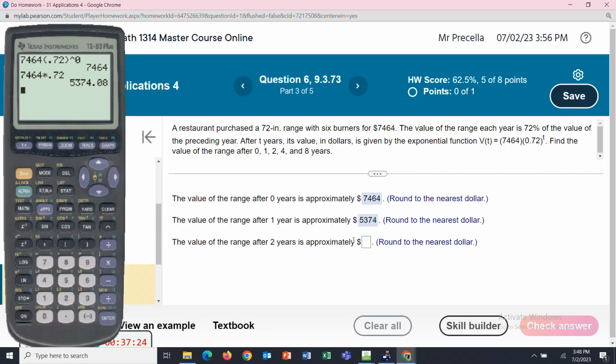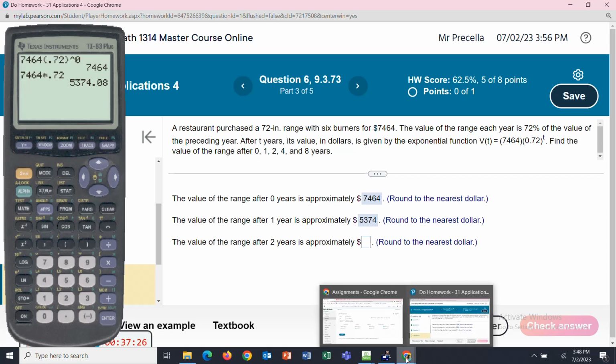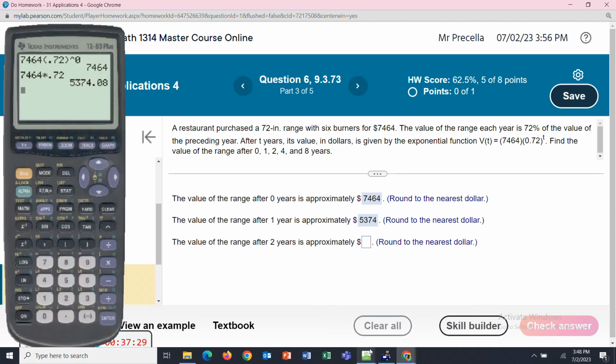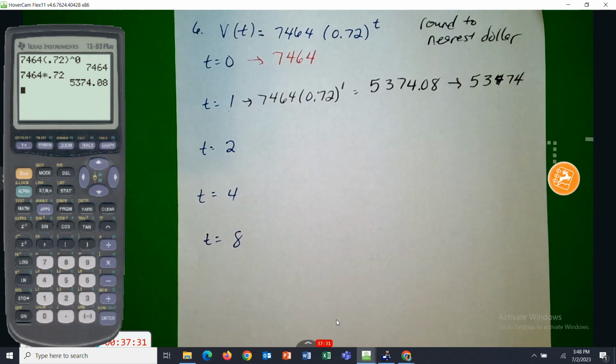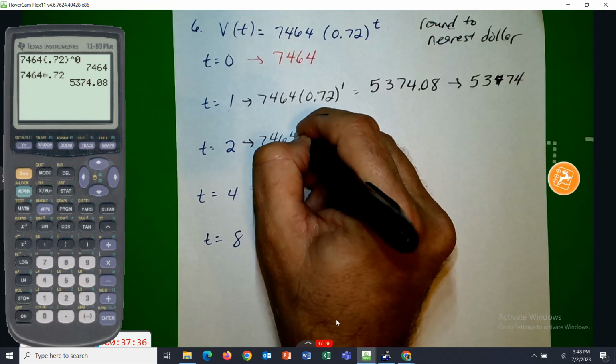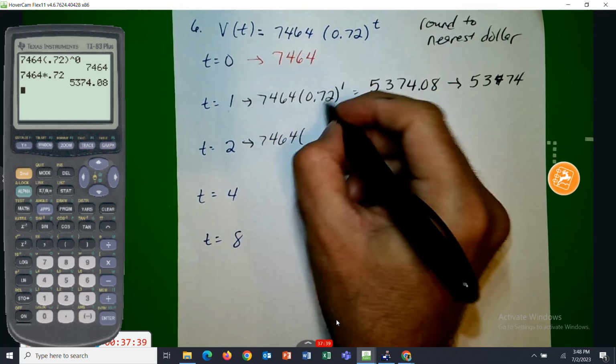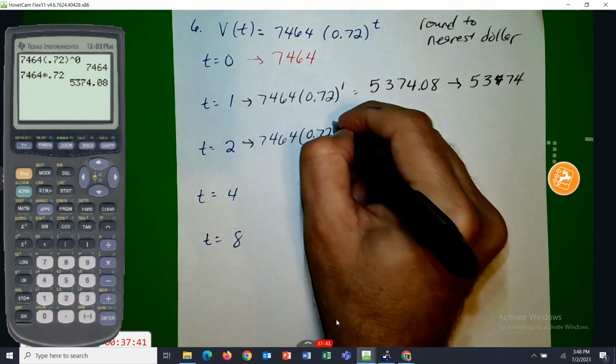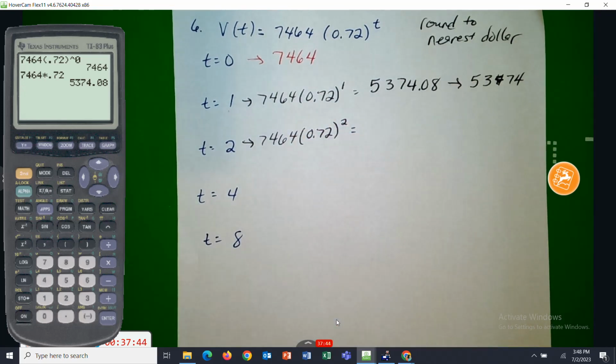Now after 2 years, 7464 times, replace the t with a 2. So punch in 7464 times 0.72.